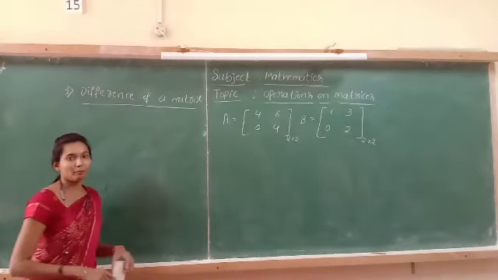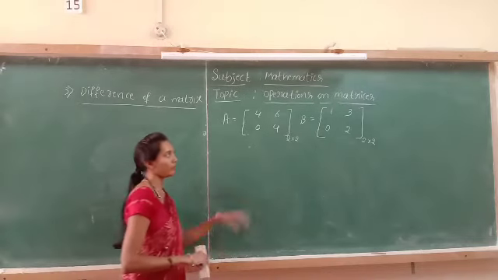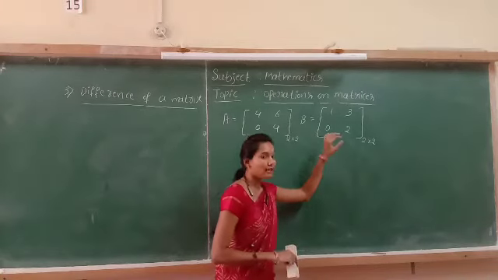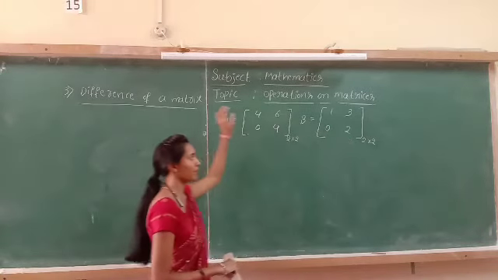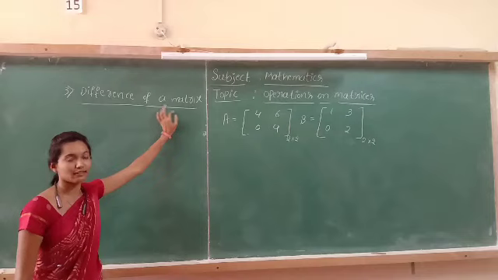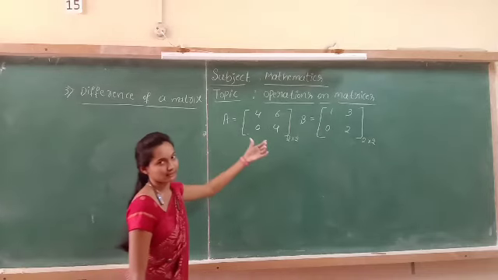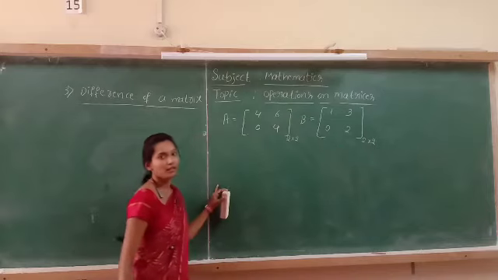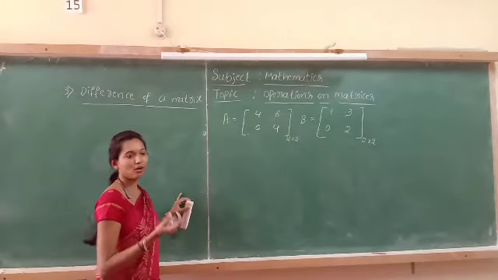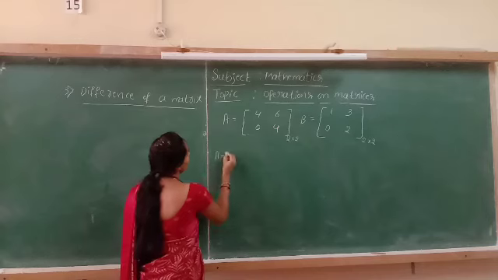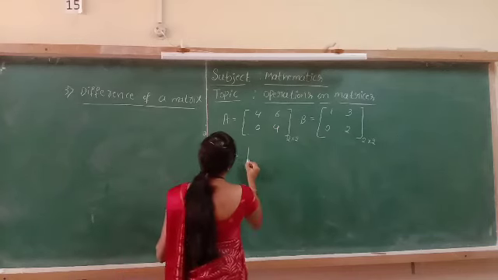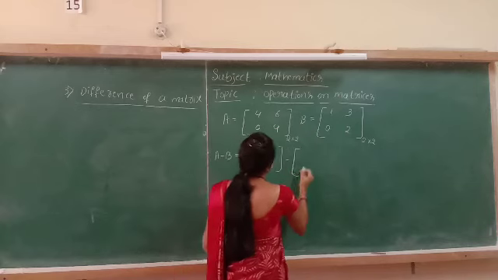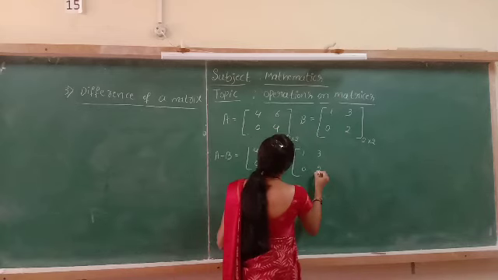Before subtracting the matrices, you should check whether these two matrices have the same order or not. Because only if the matrices have the same order does the subtraction, or difference, of the matrices exist. Otherwise, the subtraction does not exist. In this case, these two matrices have the same order, so the difference exists. Therefore, A minus B is equal to 4, 6, 0, 4 minus 1, 3, 0, 2.